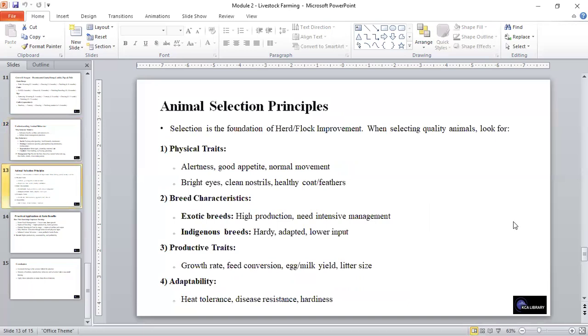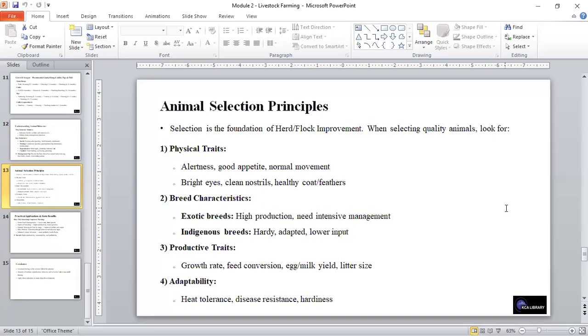Animal selection principles. Selection is the foundation of herd or flock management or improvement. When selecting quality animals, you need to look out for the physical traits. You watch out for alertness, good appetite, normal movement, bright eyes, clean nostrils, healthy coat or feathers.